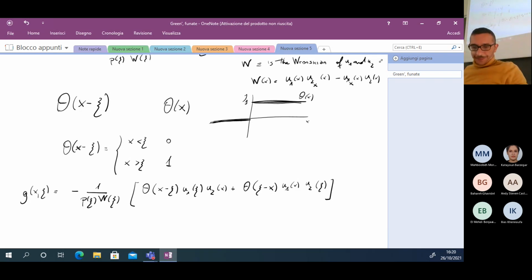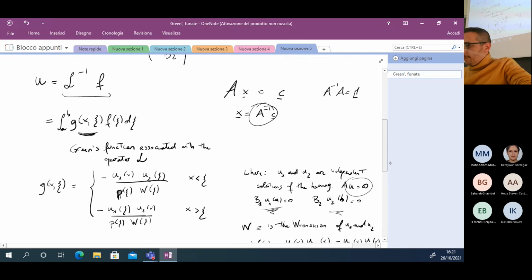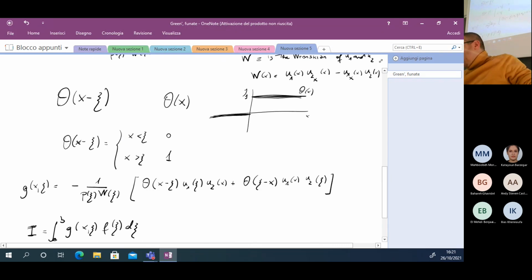Now, what we want to do is to prove that this integral is a solution of the Sturm-Liouville problem.